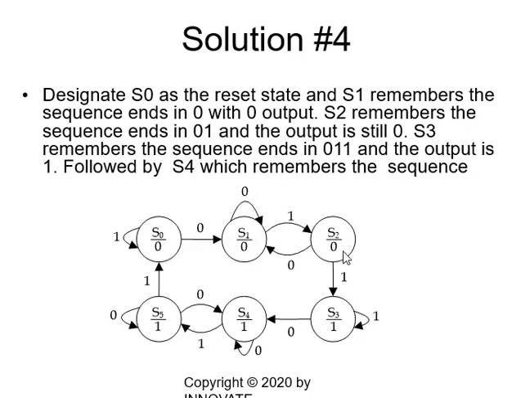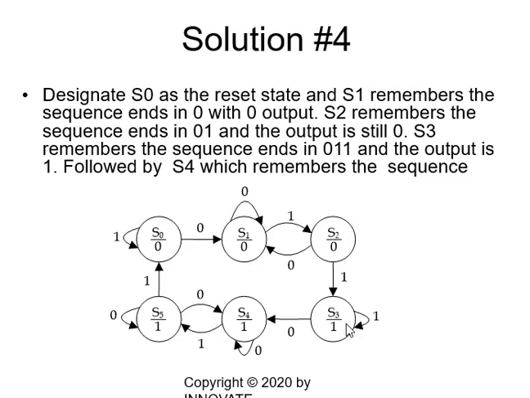Now, if I am in S2 and I get 0, 1, 0, I need to remember only a single 0, so I go back to S0. If I remember 0, 1, 1, then I get multiple ones. The multiple ones will force me to stay in S3, because S3 will remember only 0, 1, 1.